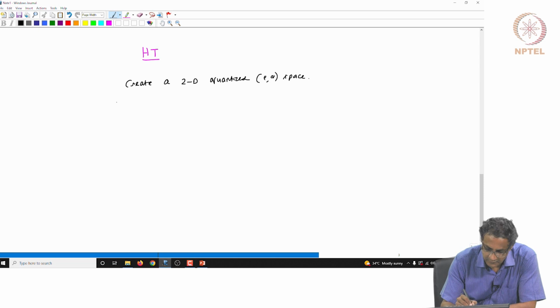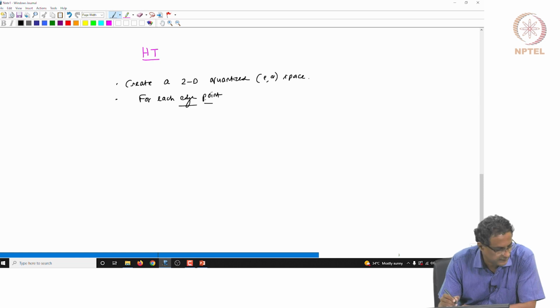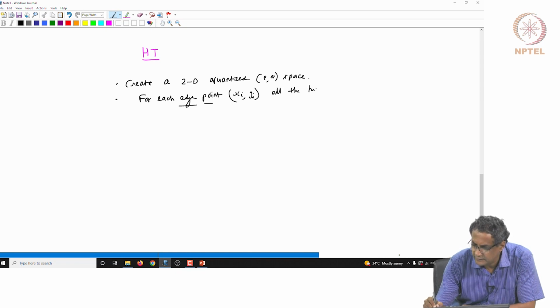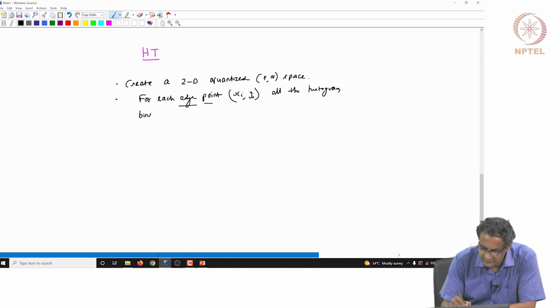Next, for each edge point, let's say x_i, y_j, it has to be an edge point, take all the histogram bins in rho theta space that correspond to the sinusoidal curve for that point. You know what a histogram is.